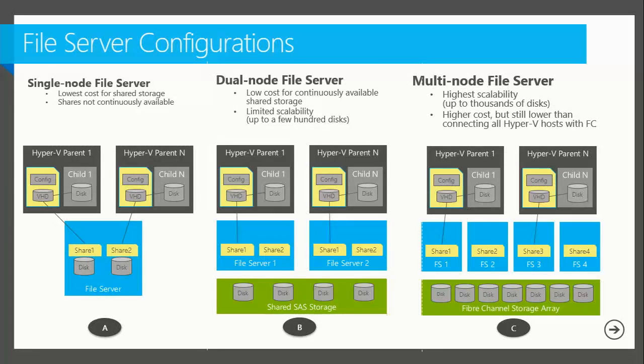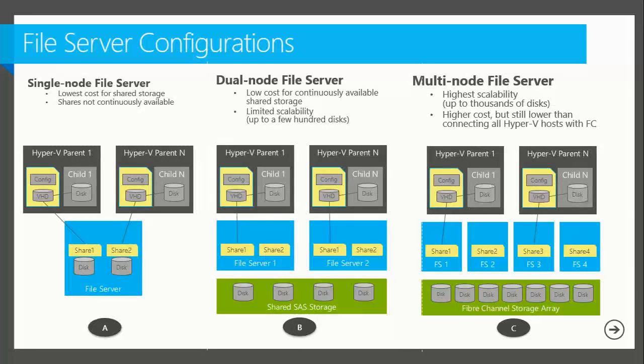If you have a single file server, that is a single point of failure. That is the equivalent of having a single controller SAN. Do you have a single controller SAN? If you do, you'll never be able to do any service on that SAN unless you take downtime.